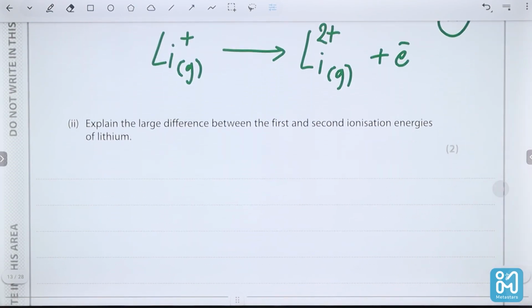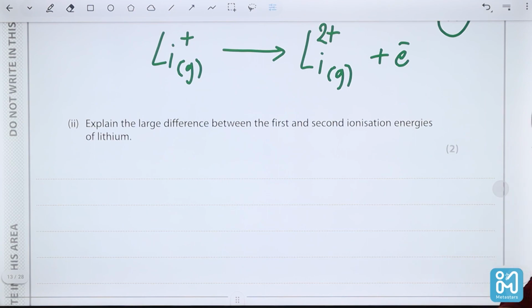Now, explain the large difference between the first and the second ionization energy of lithium. Here you should go back to the electronic configuration of each ion, because it will make the idea clear.